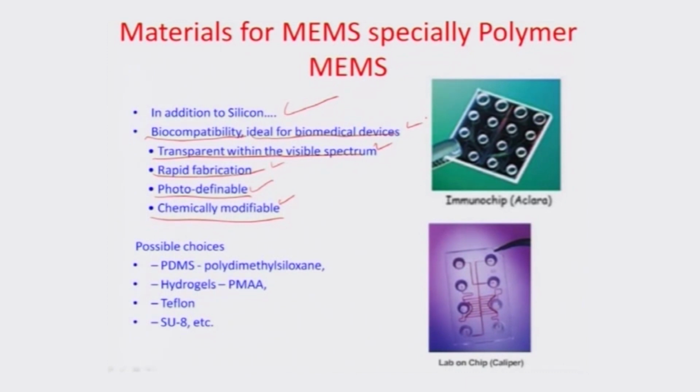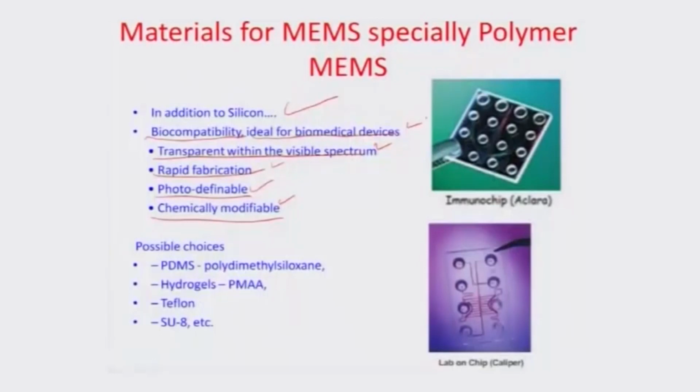And if you look at some of the choices that the polymeric systems offer with one or more of the properties indicated here, there is polydimethyl siloxane, which is of course one of the very fundamental materials used in the BioMEMS domain. Then you have hydrogels. Hydrogels are a highly cross-linked network of polymers, which has the capacity to absorb water or some other specific pH materials and expand to almost 4 or 5 times its own volume.